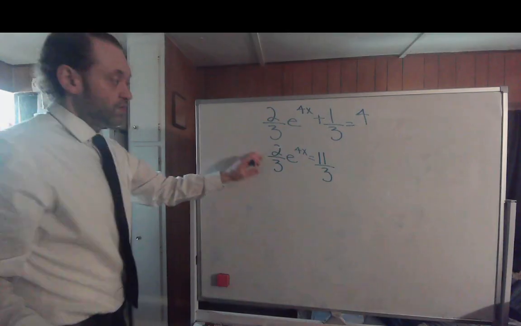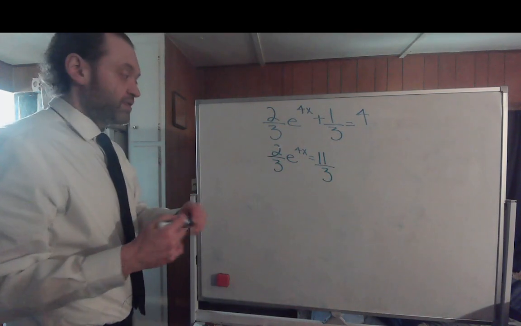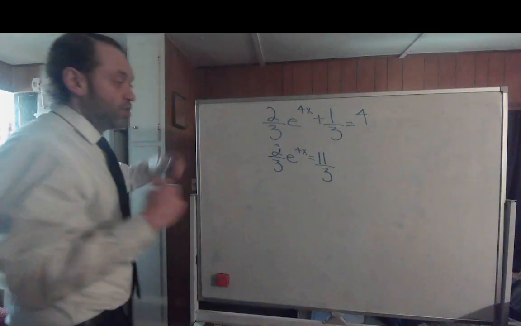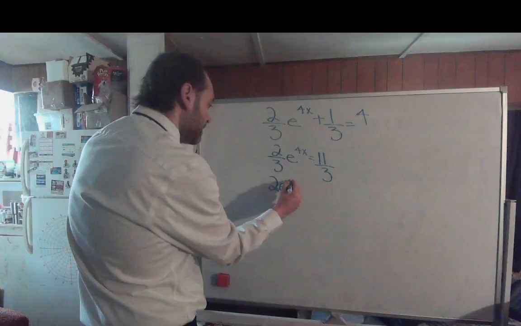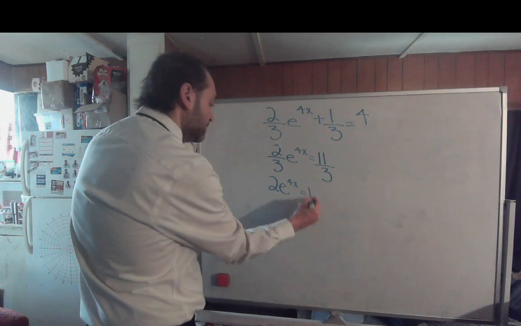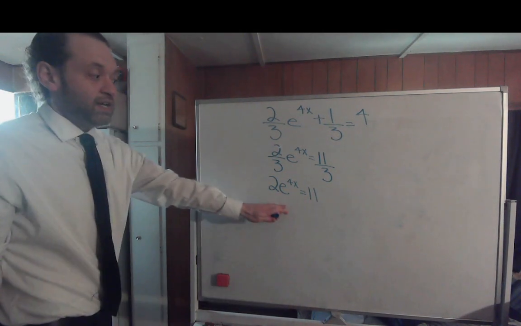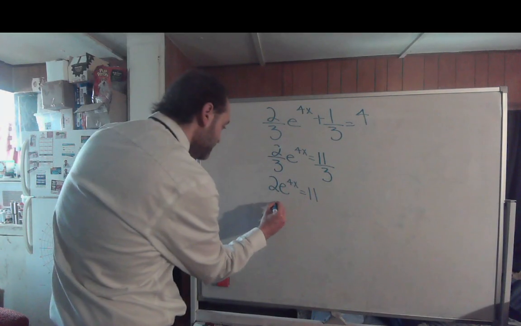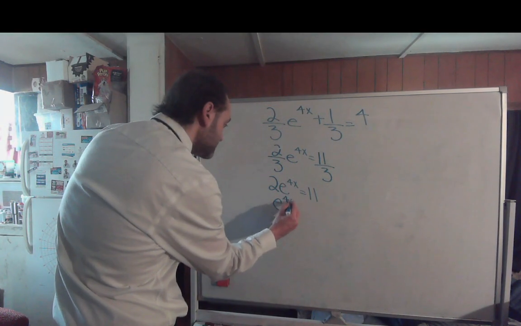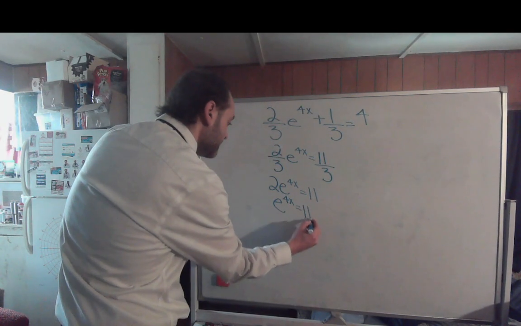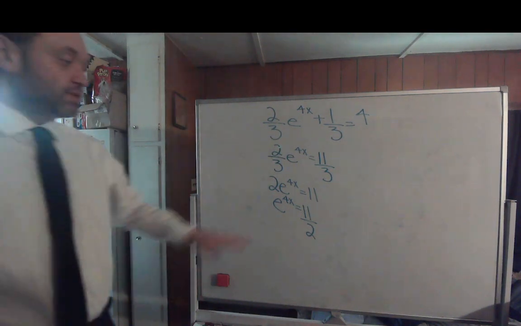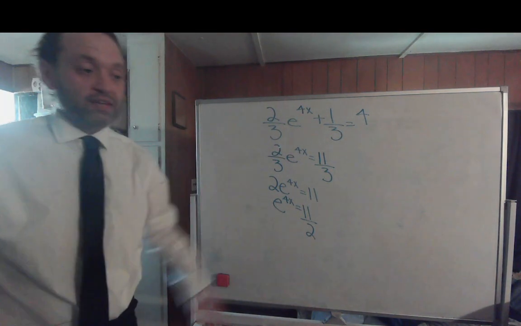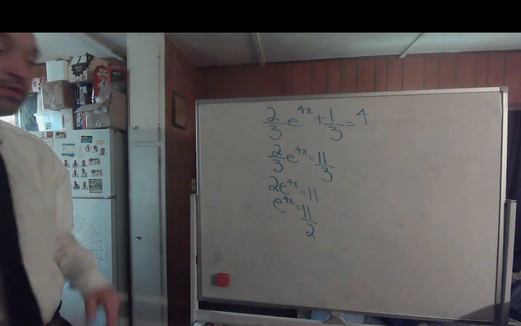So 2/3 e to the 4x equals 11/3. Alright, multiply both sides by 3, so you would get 2e to the 4x would equal 11. Now let's get the e to the 4x by itself, so you would get e to the 4x equals 11/2. Well, there's no way to relate base e and base 11/2, so we're going to have to use logarithmic functions.